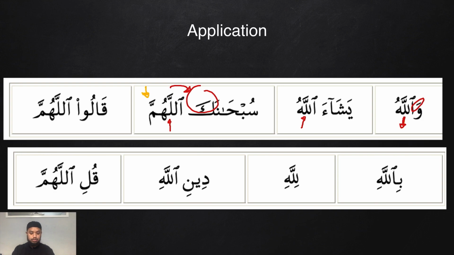In the next example we have Qalu Allahumma. Once again we have a lam here in the name of Allah Azza wa Jal, and it does not have a kasrah before it, so it's full mouth. If the word qalu wasn't here and we were reading just the word Allahumma, we would put a fatha on the hamzatul wasl.